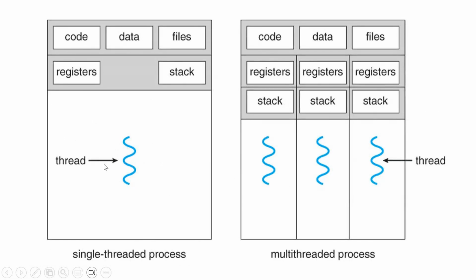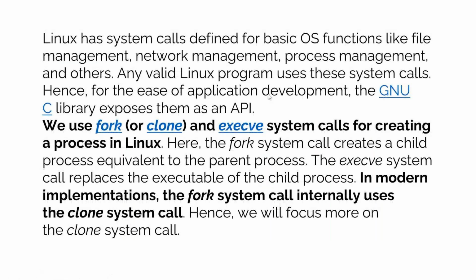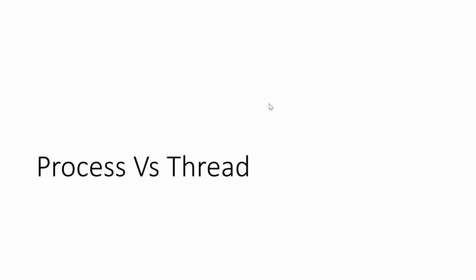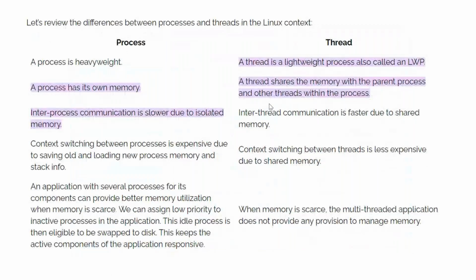So see here, this is a single threaded process, and this is a multi-threaded process, where each thread shares the resources they have. Okay, so thread internals I discussed. This is an interview slide, and you need it to understand that.